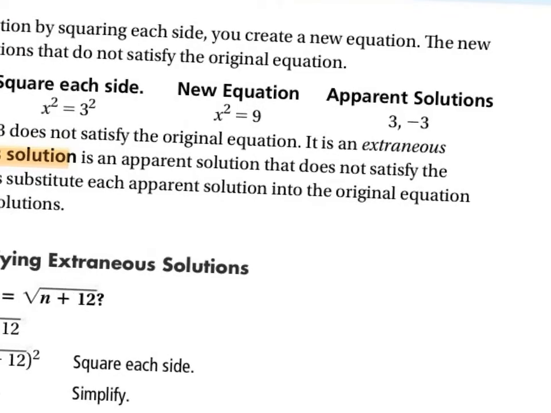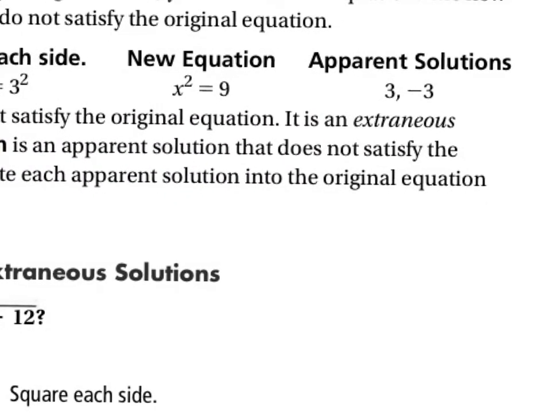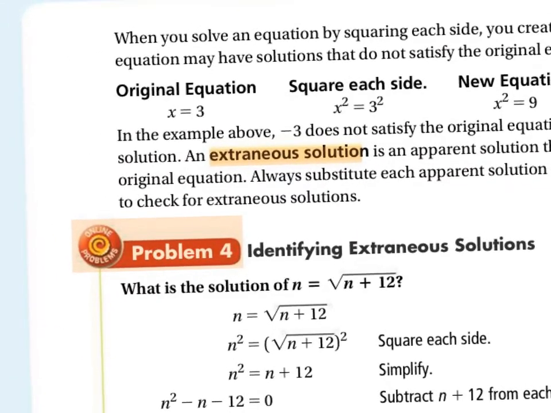If you think about what the value of x could be, you could say, well, 3 times 3 is 9, so 3 would work. What about negative 3? Negative 3 times negative 3 also is 9. So it looks like that would work, but we started out with already the answer. There'd really be no reason to square this because we already have the answer. But we started with x equals 3, and as we worked through that, we got that x could either be 3 or negative 3.